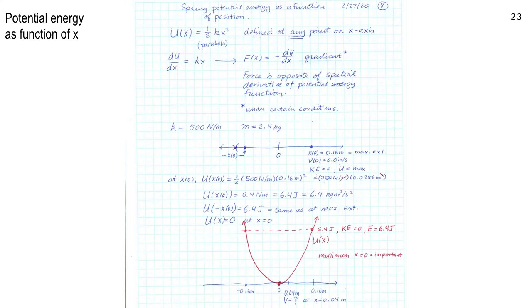The global minimum is x equals 0. There is no global maximum. What that means is theoretically this function is defined for all x. Physically, your spring is going to pull apart or break.